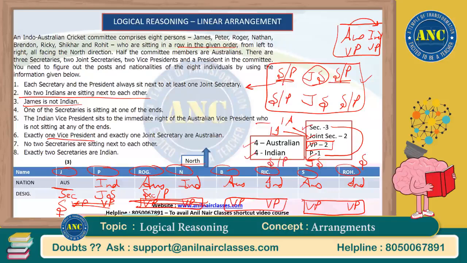No two secretaries are sitting next to each other. Okay. So if I take the above case, I should have exactly two secretaries are Indians. So that means that two secretaries are Indian and one secretary is an Australian.